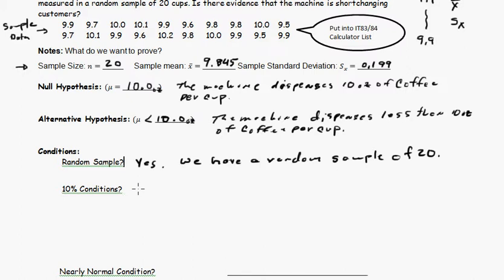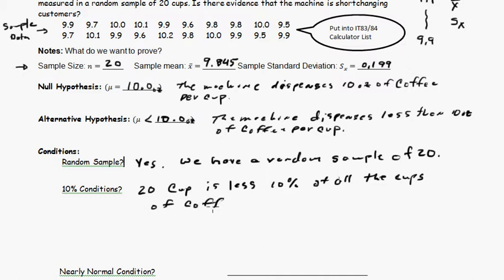The 10% condition, so I guess we would say 20 cups is less than 10% of all the cups of coffee the machine dispenses.